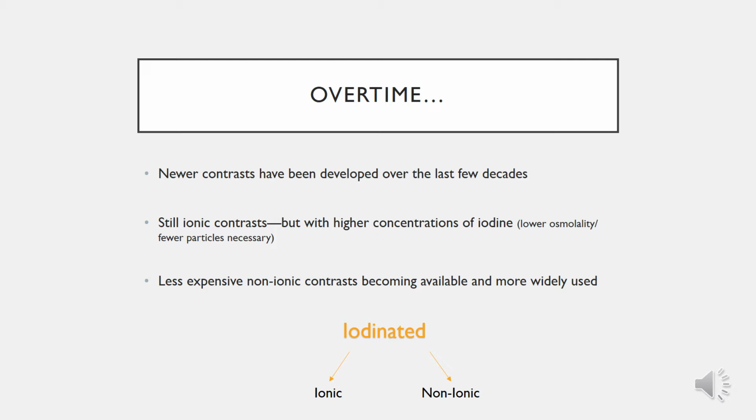So while ionic iodinated contrast agents are still being used, non-ionic, although they do tend to be more expensive, over time we have actually seen that price drop with research and development. So non-ionic are becoming more widely available, cheaper than before, and you're going to be seeing those more often in clinic now.